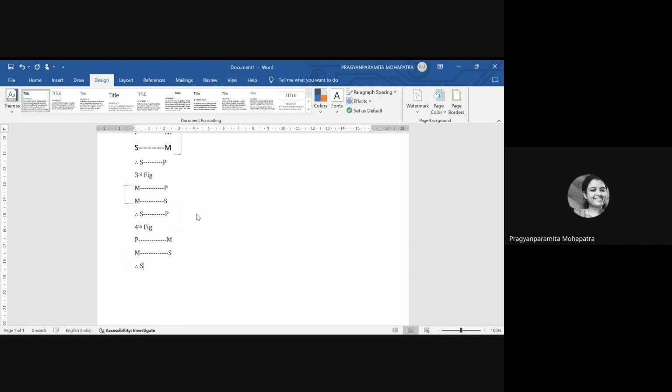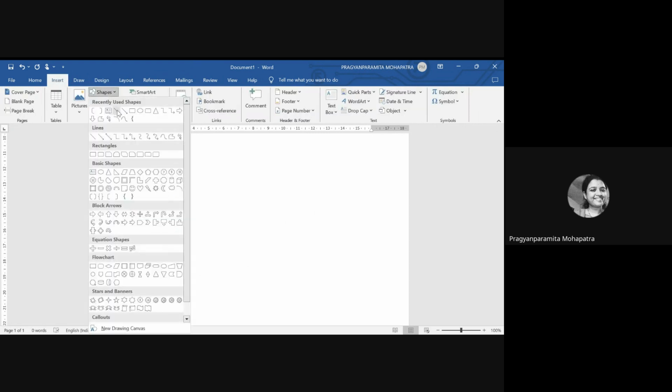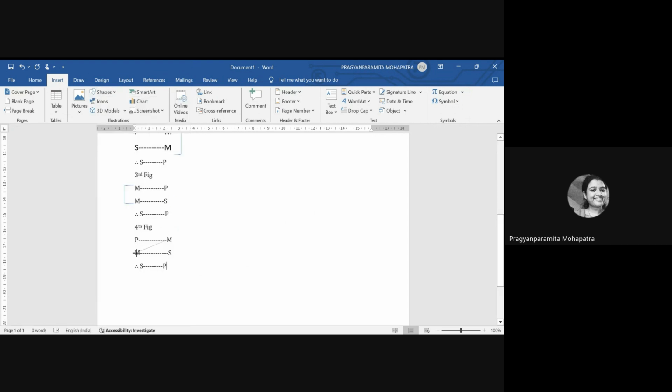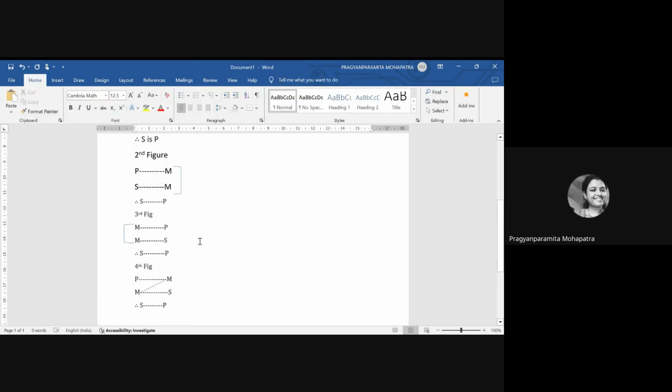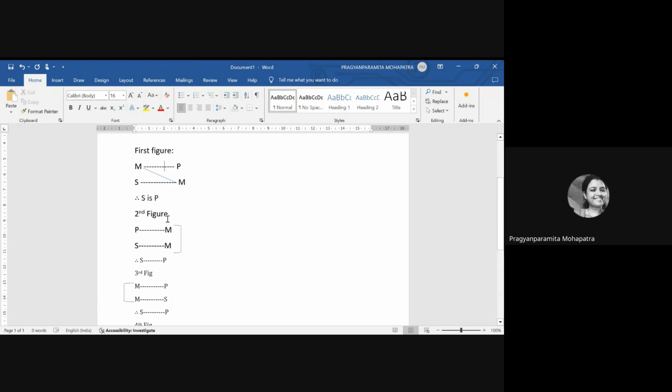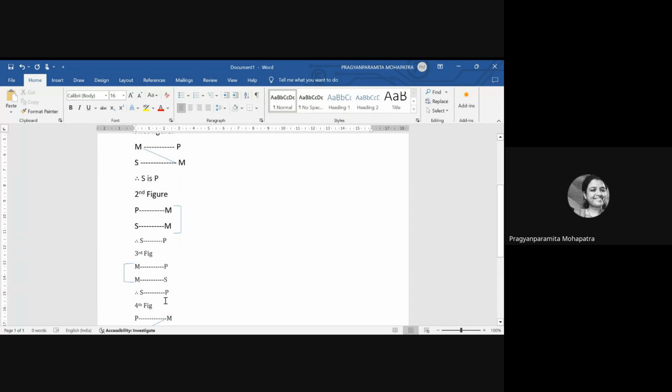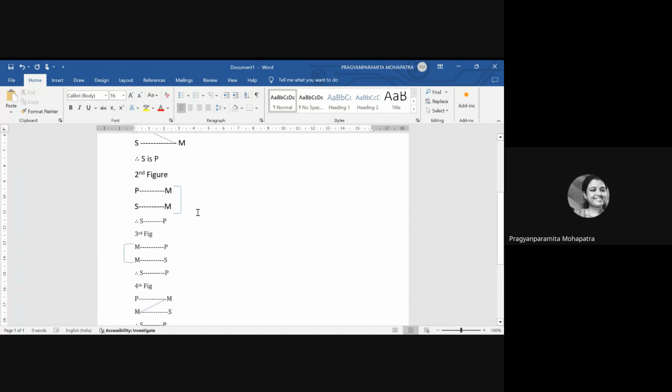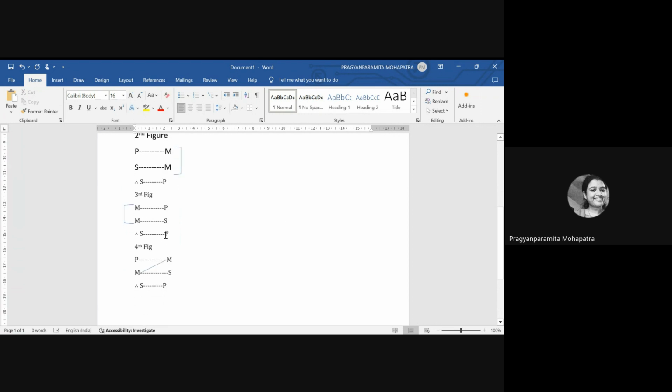Therefore, this is P. Okay, is it clear to everybody? Yes, ma'am. See, the first and fourth figures are opposite to each other. You can see it, is it not? And the second and third are just opposite to each other. Okay.